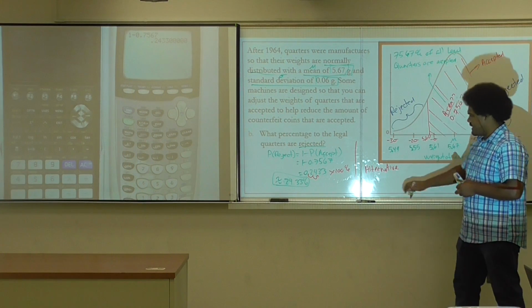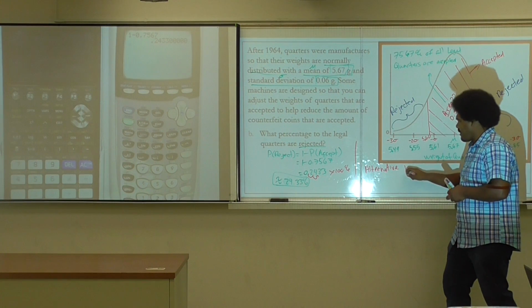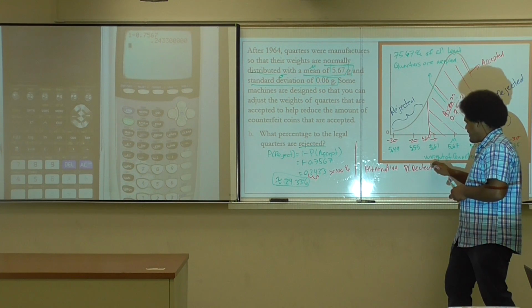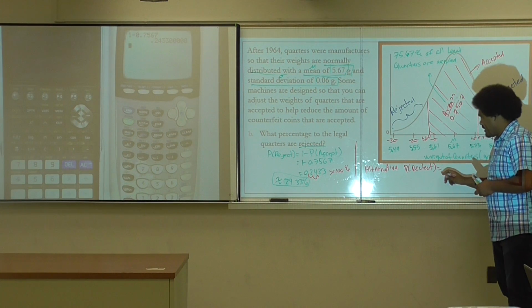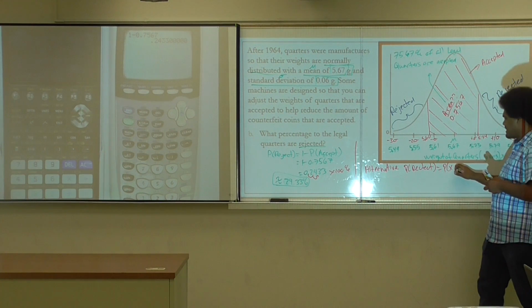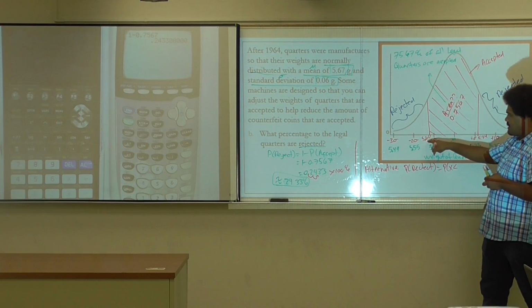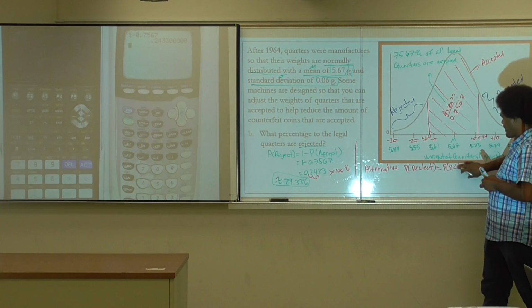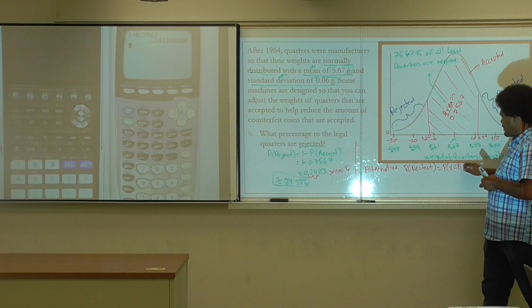So all we're saying here is our probability of reject should equal the probability of getting a measurement, a quarter that is less than 5.60 grams.